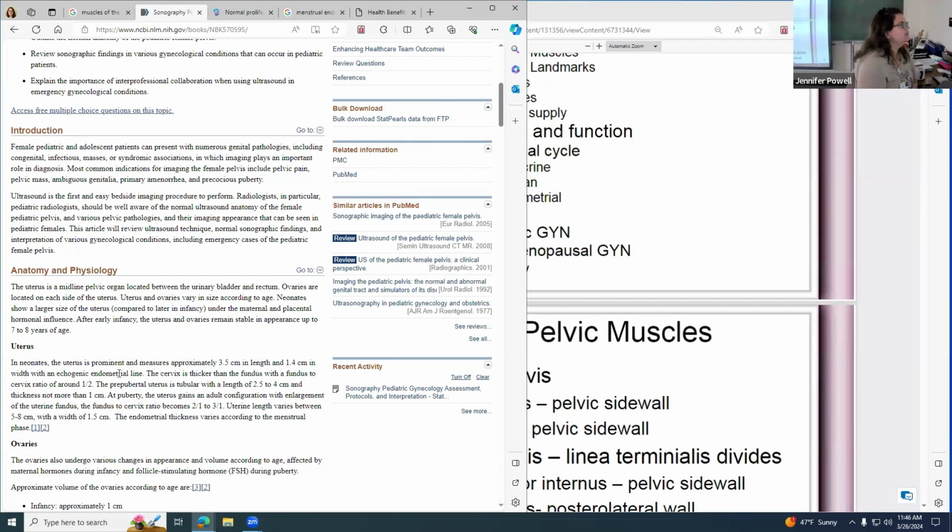Incidentally, regarding neonates, it's not unusual for a female neonate to have hormones left over from the mother, and sometimes they might even have a little blood, but that goes away. So it's that ratio of cervical length to uterine length that dictates a pre-menarchal versus a menarchal uterus.